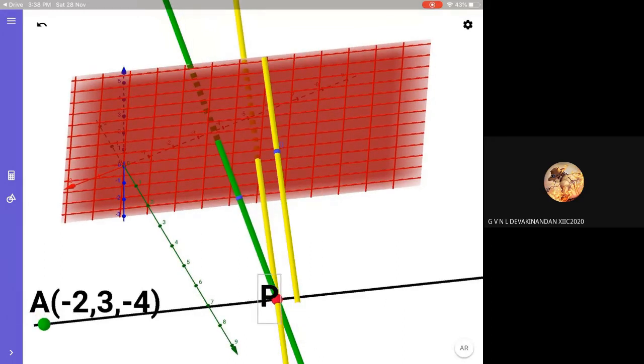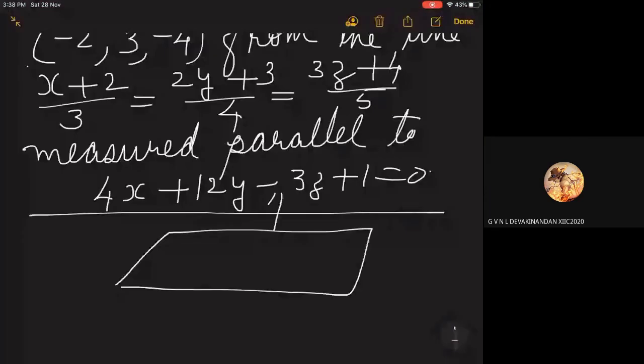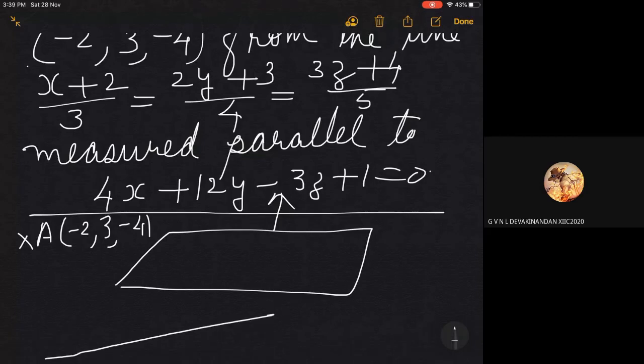Okay, children, now I'm going to the board. So you are given the plane whose equation is this, and you are given a point here. That point I have taken as A, whose coordinates are (-2, 3, -4), and the distance is to be measured parallel to the plane. Okay. So here is your given line.